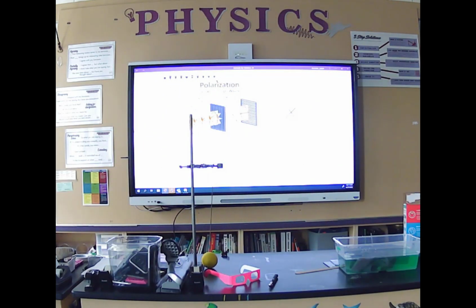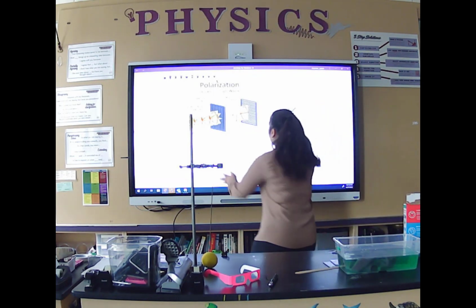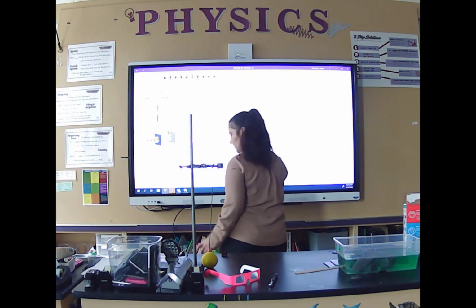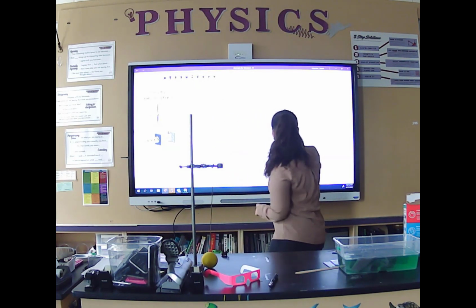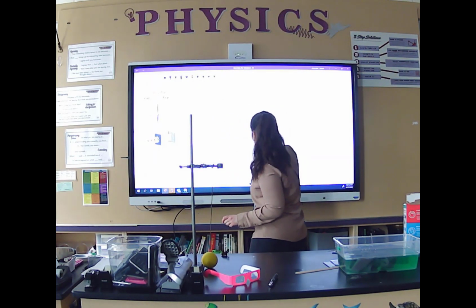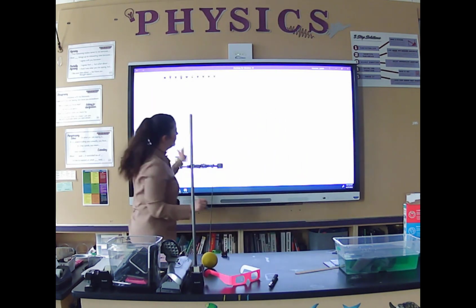That is polarization. And it can happen with transverse waves because they have a direction that they're oscillating, up and down or side to side or at any angle. For sound, that can't really happen. So because of polarization, we were able to determine that light waves can be polarized like transverse waves, but sound waves cannot.